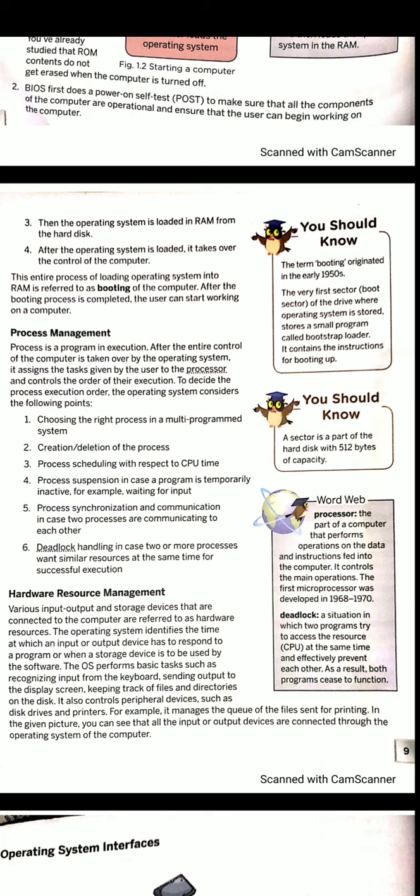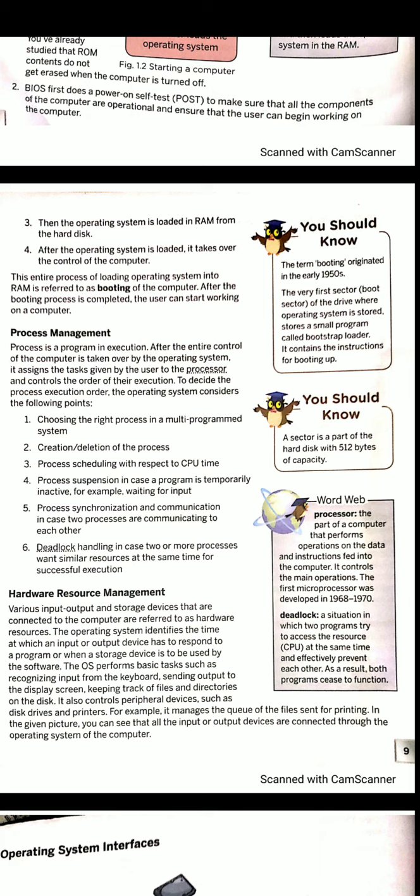So here we need to understand what process management is. First, we have to understand what a process is. A process is a program in execution. Second, after the entire control of the computer is taken over by the operating system, it handles all processes, whether the process is in execution, whether it is in a multi-program system, or whether process creation or deletion is done by the user.